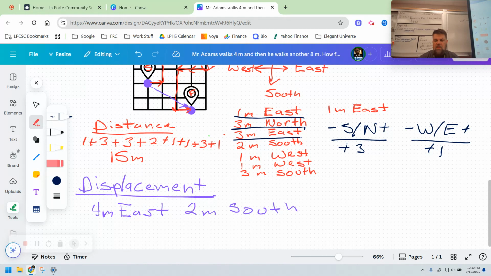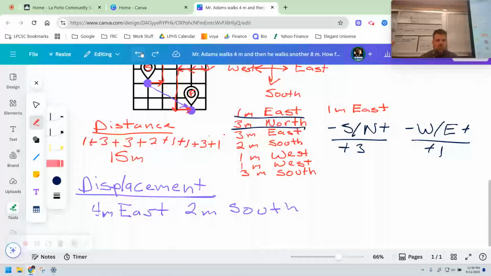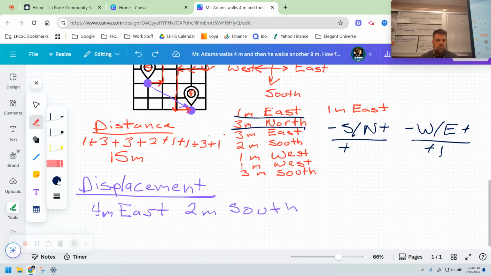I do another 3 meters east. So another 3 meters east would be +3 over here. We did 2 meters south, so that would be going down, so that's a -2. 1 meter west, west is negative, so that'd be -1.